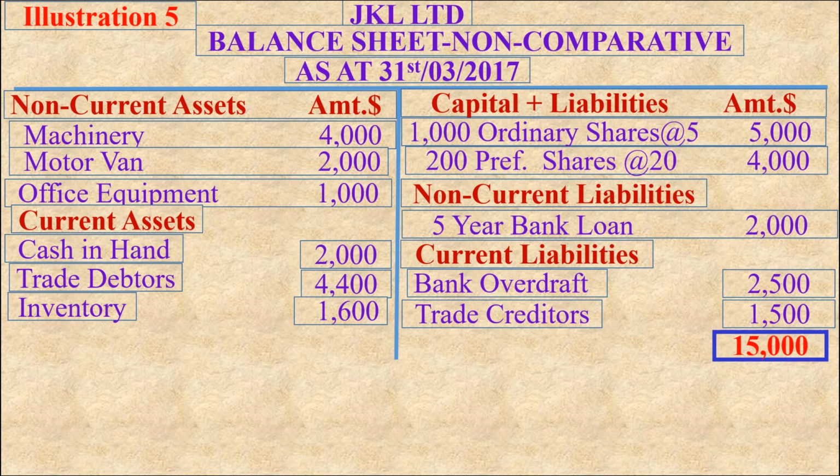So you realize that the total on the side of capital and the liabilities is 15,000, while the asset side again was 15,000, meaning that the balance sheet is complying to the balance sheet equation, whereby the two sides must always be equal.